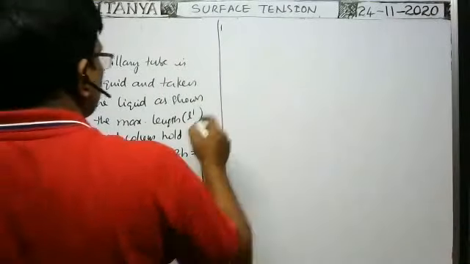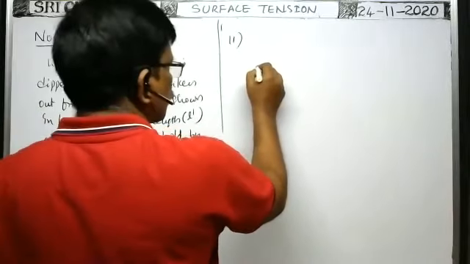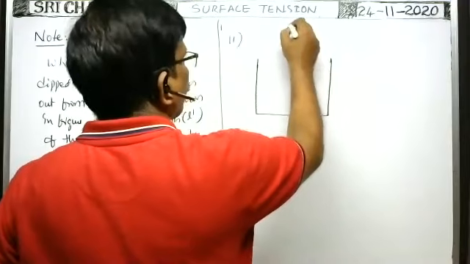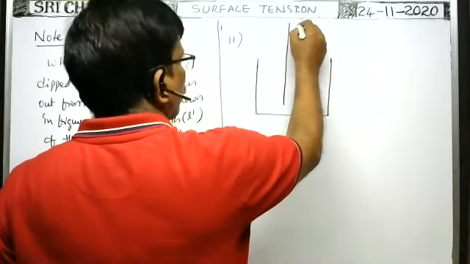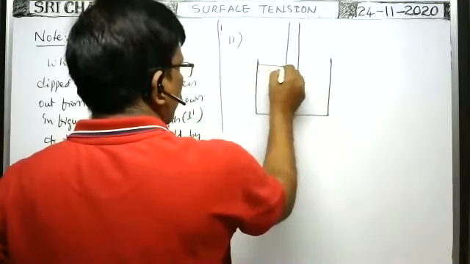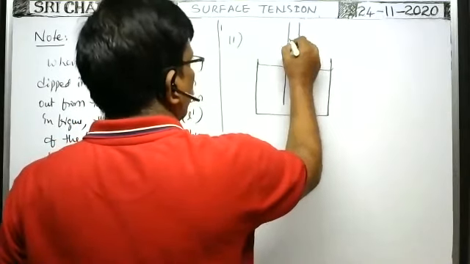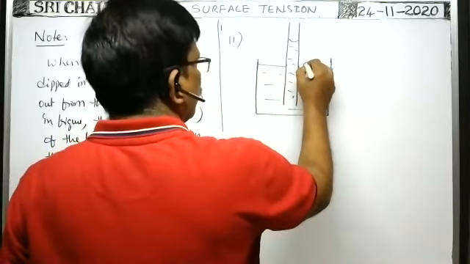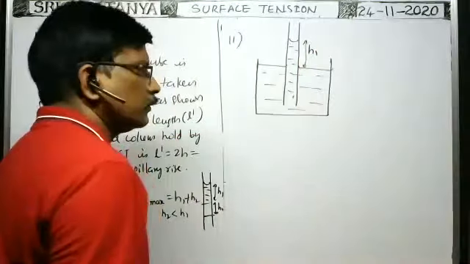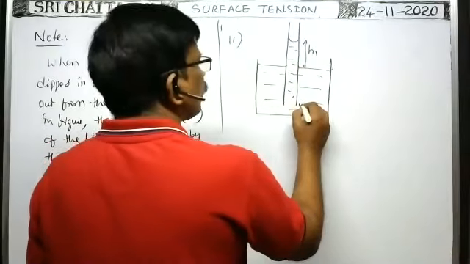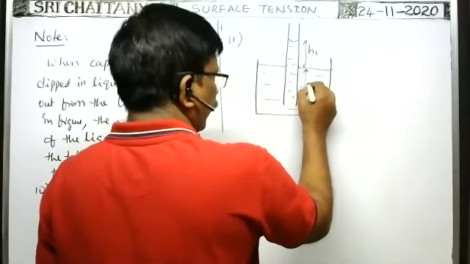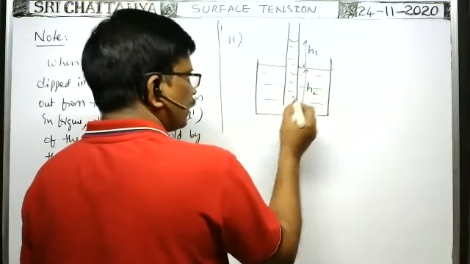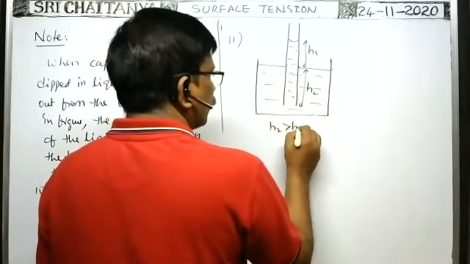Okay, next. Suppose the capillary rise is H1. The length of the capillary tube inside the liquid is H2, with H2 greater than H1.